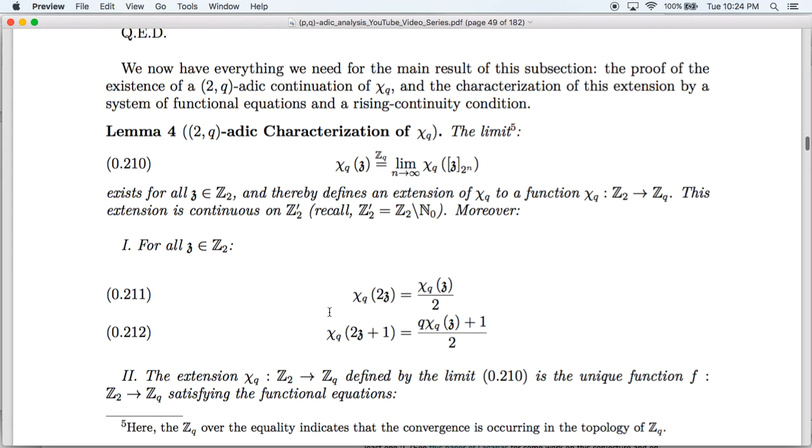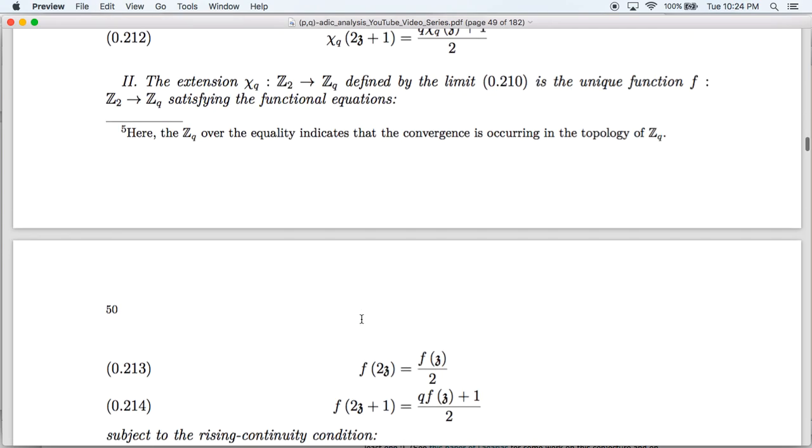That proves that this equation is satisfied for all q-adic integers z. This is just a standard argument. If you have a rising continuous function and it satisfies a system of functional equations like this over the integers, and your rising continuous function extends to a 2, q-adic function, then so will its functional equations. It's very nice.